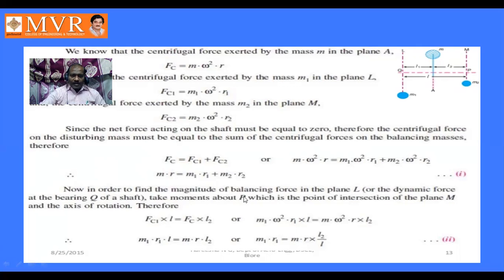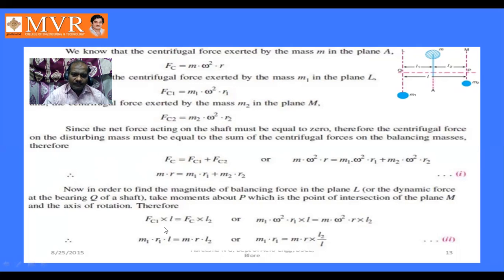Now, in order to find the magnitude of the balancing force in the plane L, take the dynamic force at the bearing Q of the shaft, taking moments about P, which is the point of intersection of the plane M and the axis of rotation. Therefore, Fc1 into L is equal to Fc into L2.